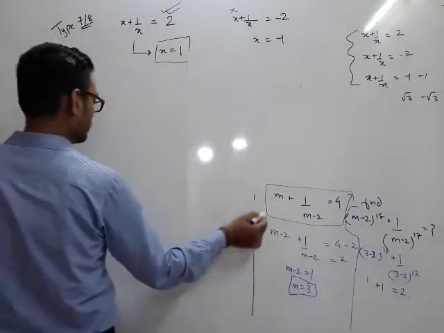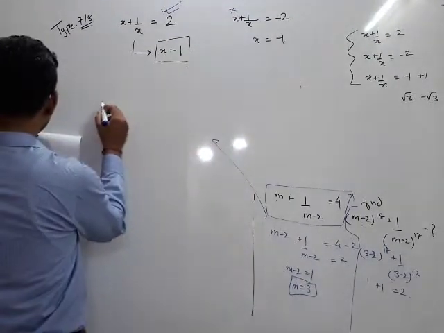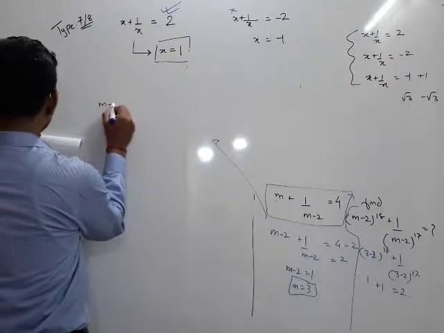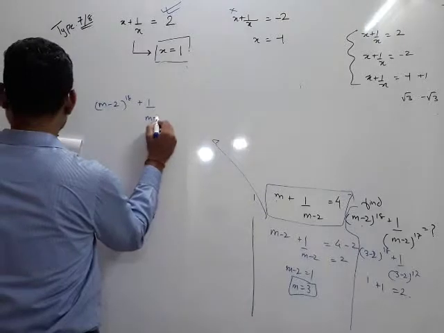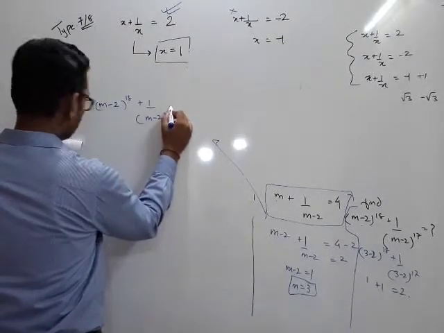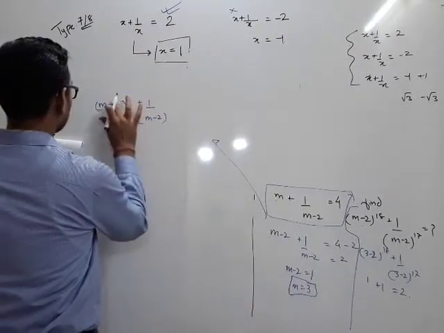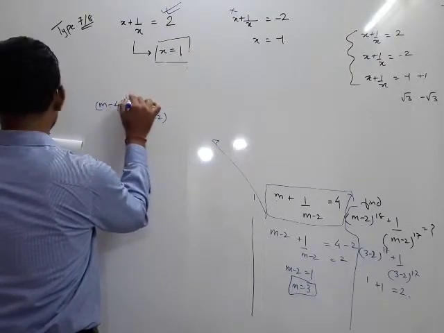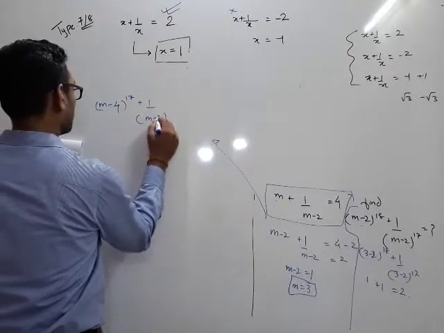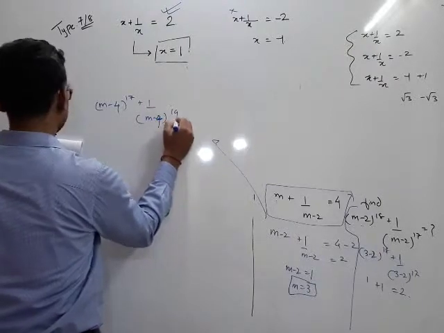In continuation with this, m minus 2 raised to 18 plus 1 upon m minus 2 raised to, this is done, m minus 4 raised to 17 plus 1 upon m minus 4 raised to 19.